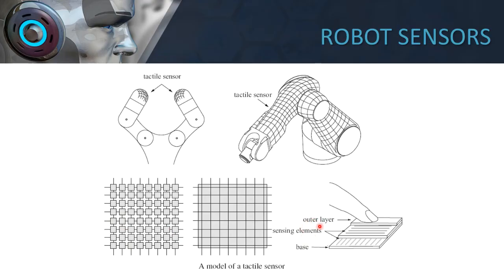So tactile sensors are made up of three layers, and once the outer layer is touched by an object, the signals go to the different parts of this tactile sensor, and then it is connected to the controller of the robot. The signal goes to the controller of the robot. That is how tactile sensors are used.